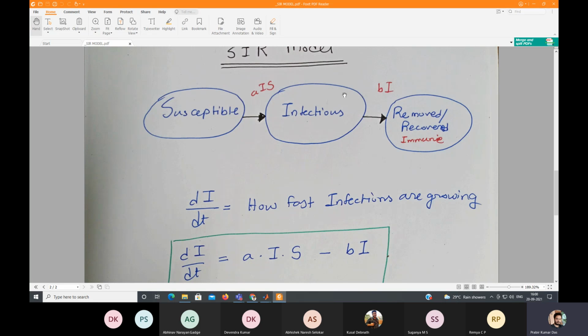From the infectious people, at the rate of B into I, people are getting removed or recovered, or actually they are building immunity among them. So that is why they are recovered and they move into this part.